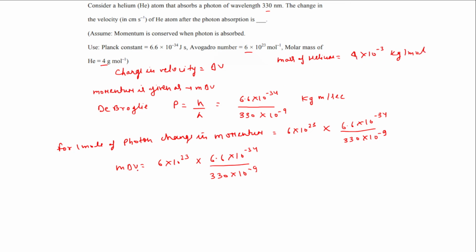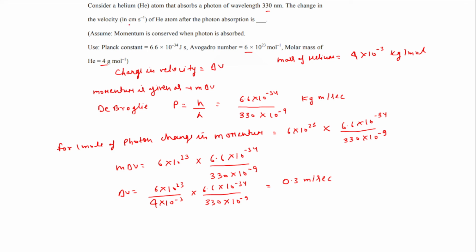Now putting this value here, we calculate delta v is equal to 6 into 10 to the power 23 upon the mass of helium in kilogram into 6.6 multiplied by 10 to the power minus 34 upon 330 into 10 to the power minus 9. That will come out to be 0.3 meter per second. So our change in velocity comes out to be 0.3 meter per second.